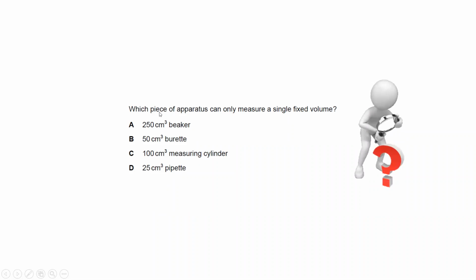So the question is, which piece of apparatus can only measure a single fixed volume? Only one reading. So what could be the right answer? You can use the chat to state the answer. And I want participation from everyone.